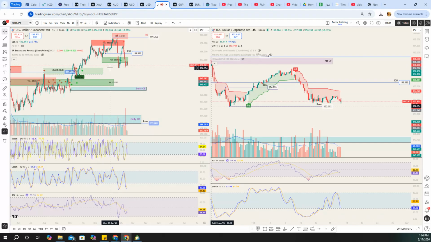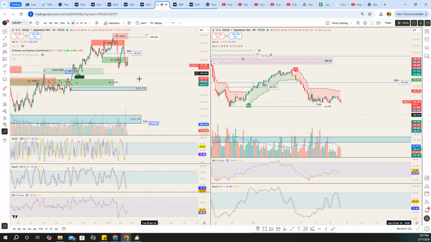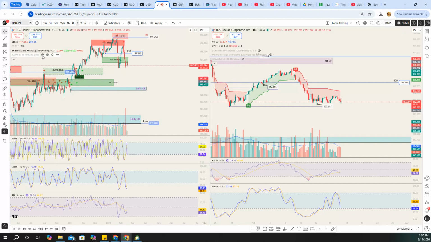This support level is important to decide if it is in our way, if it is less than 30 pips, but in this case it's not. It is the first level to consider for a take profit. So 152.15. Let's check the EMAs.